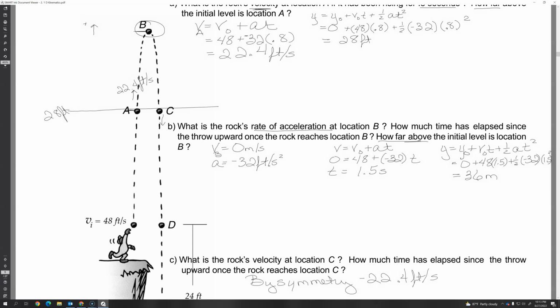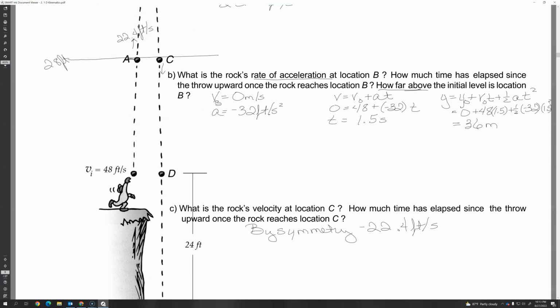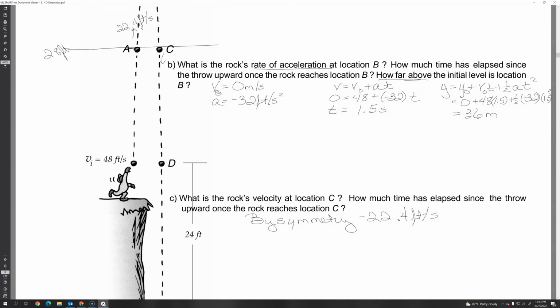Now, how much time has elapsed? Well, we can in some cases invoke symmetry as well. We could also calculate it. If we look at y equals y naught plus v naught t plus 1/2 a t squared, we are at 28 feet in the air. We started at 0.